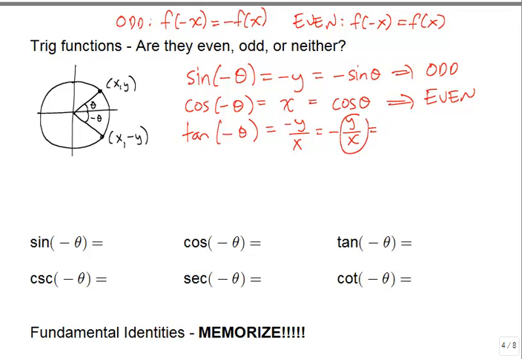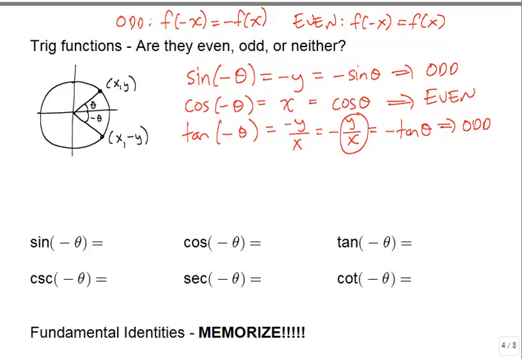So tangent of minus theta gives me back minus tangent of theta. We're able to pull that negative out front of our function, and that implies we're talking about an odd function.